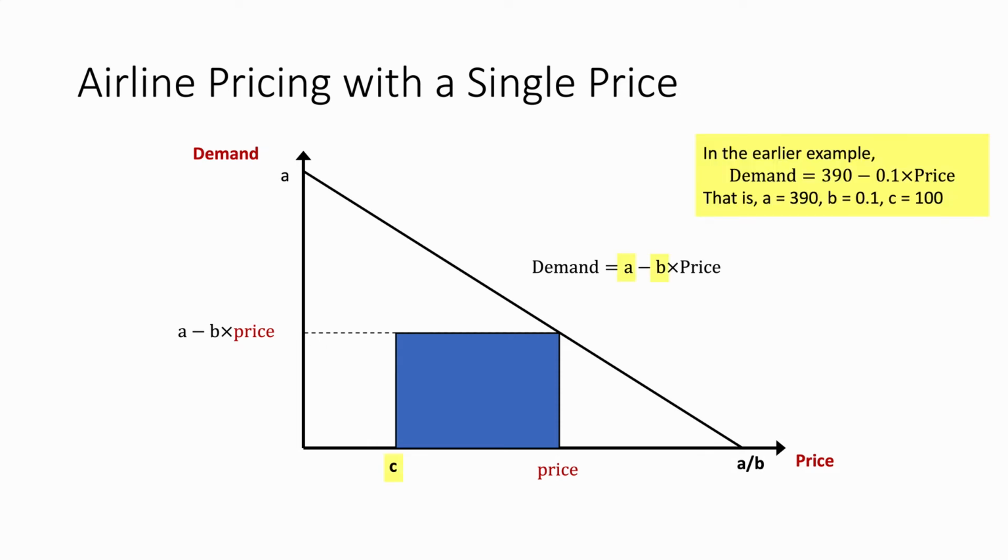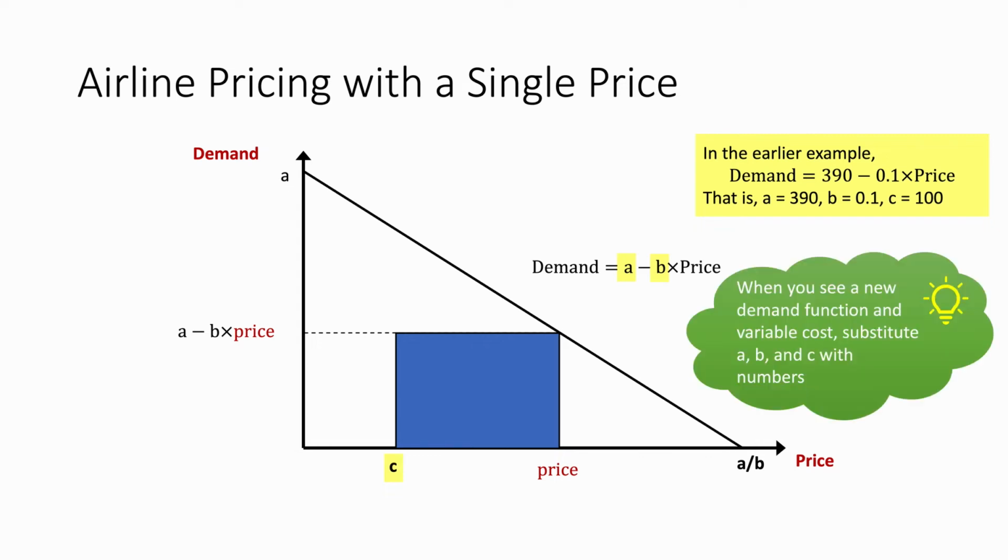Going back to the earlier example, where demand equals 390 minus 0.1 times price, in that example, we have A equals 390, B equals 0.1, and C equals 100. So when you see a new demand function and variable cost, you can simply substitute A, B, and C with a new set of numbers.